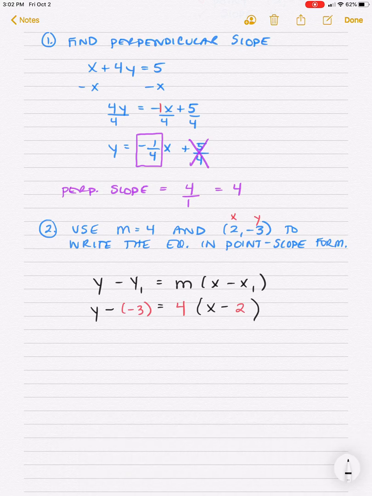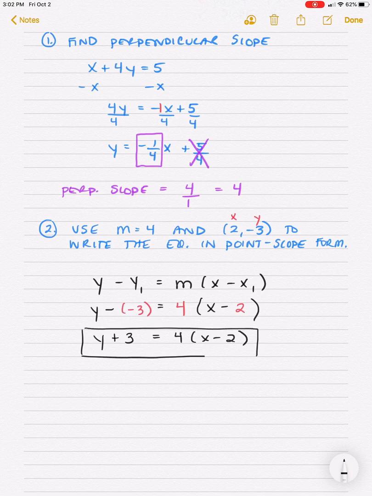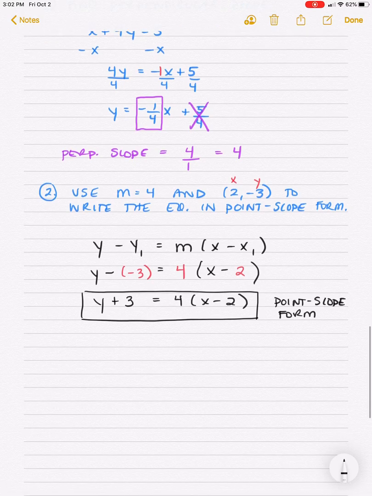Let's go one more step. y minus -3 is going to be y plus 3. And I have 4 times x minus 2. This right here is point slope form. It is an acceptable way to write the equation of the line, and sometimes I even have you just leave the equation of the line in point slope form.